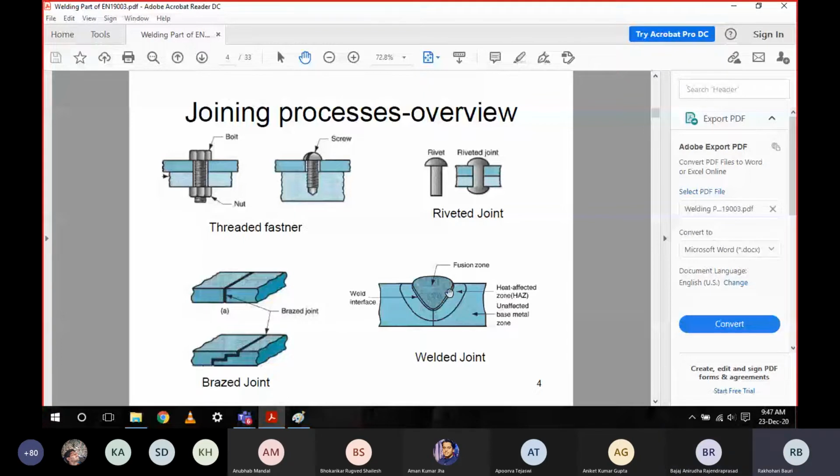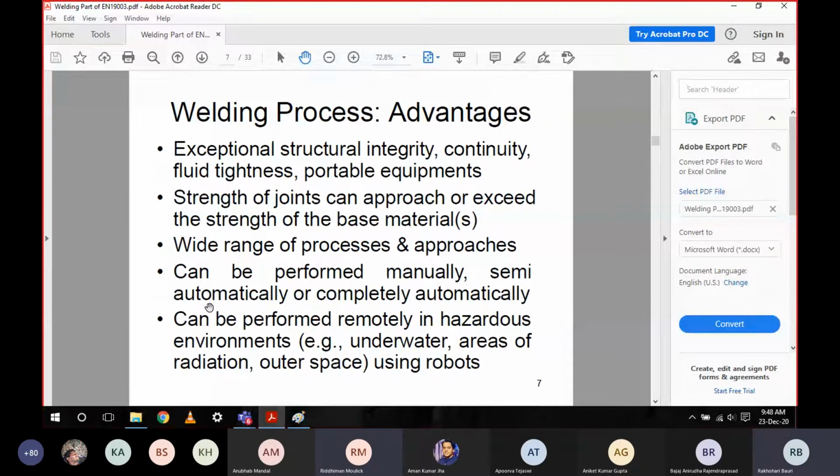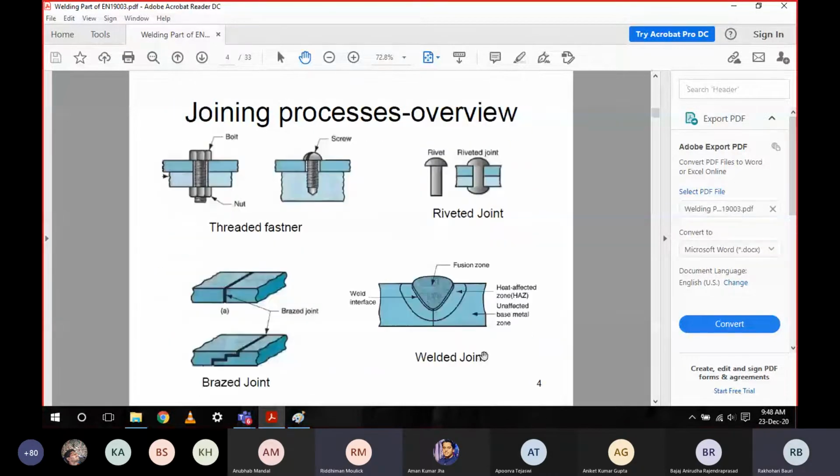So in the welded joint diagram, there was a part which showed unheated base metal. When we fuse the above part, won't some heat come there also by conduction?